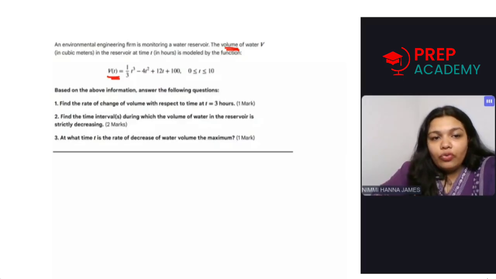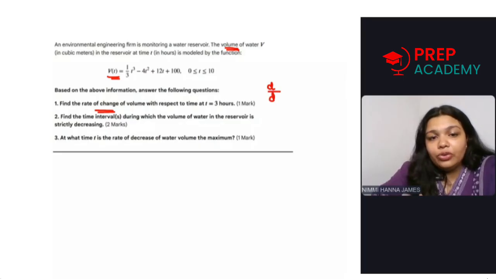So we want to find the rate of change of volume with respect to time at t equal to 3 hours. Usually how we do it, we differentiate, d by dx or d by dt.